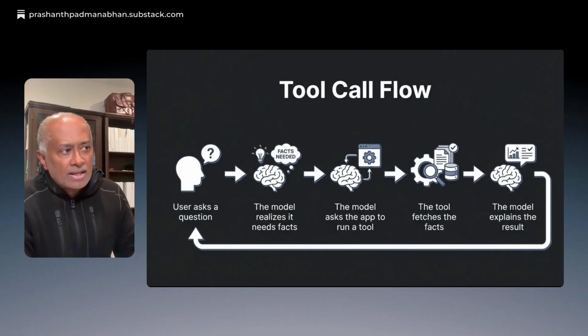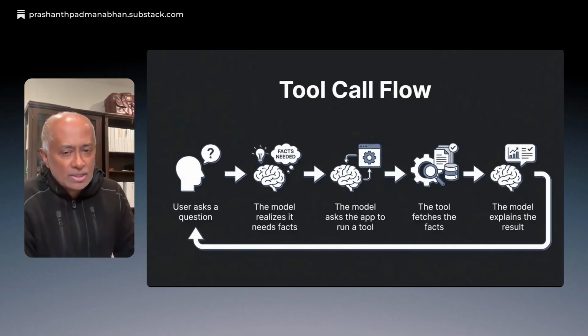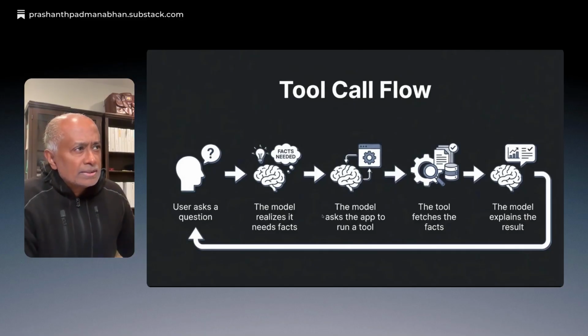And then it'll ask the app to run a tool to fetch the fact. The tool will then fetch the fact, and then the model will take that factual information and explain the information to the customer using that fact.